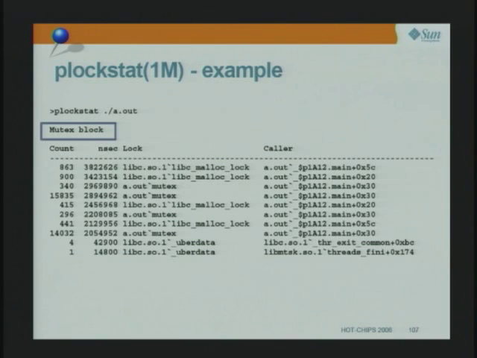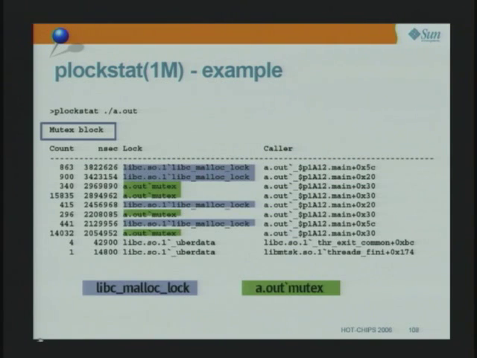So this gives you, for 863 times that people call this routine trying to lock this variable, because the holder is not running, the OS says, I will block. So look at this, you'll see this lock variable and this lock variable are causing most of the lock contentions.